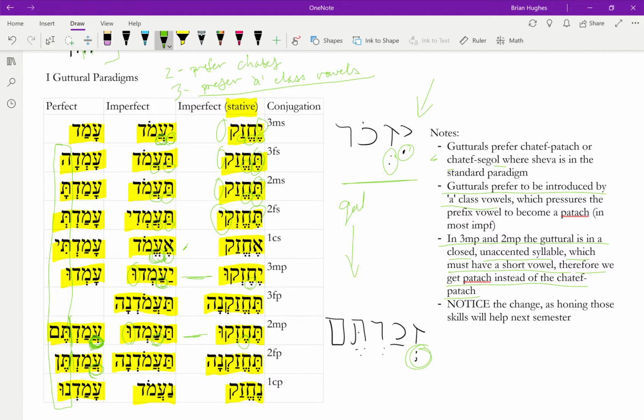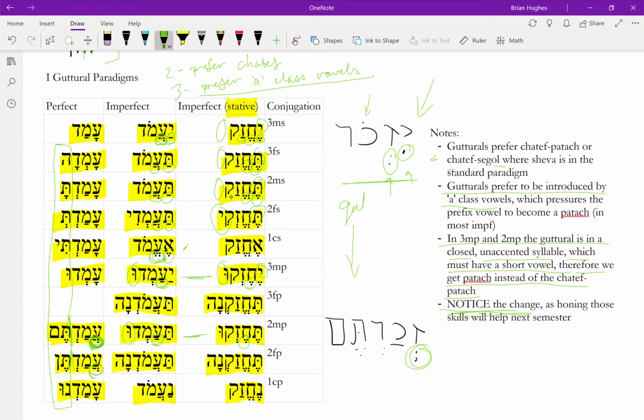The only problem is that things are going to get more complicated next semester when we get new patterns. And remember, as I've said, the new patterns change the vowel pointing. So conjugation tends to deal with prefixes and suffixes, but patterns change vowel pointing. And so, don't stress out right now, and I want you to continue to parse things based on the prefixes and the suffixes, but I want you to notice the changes.